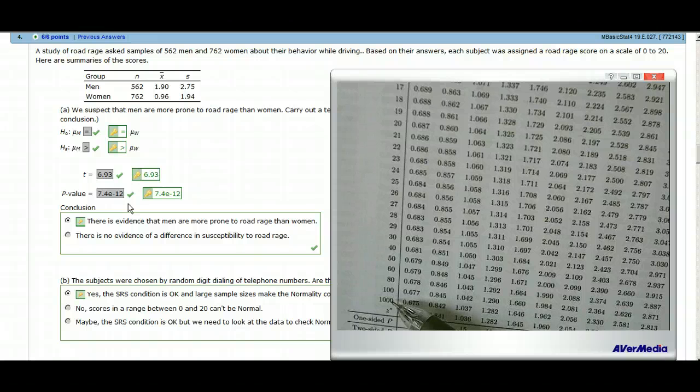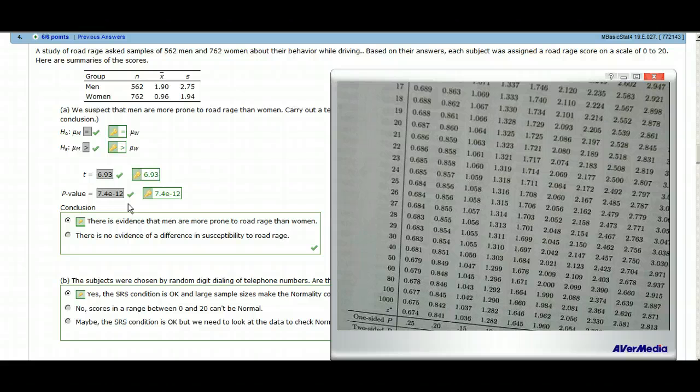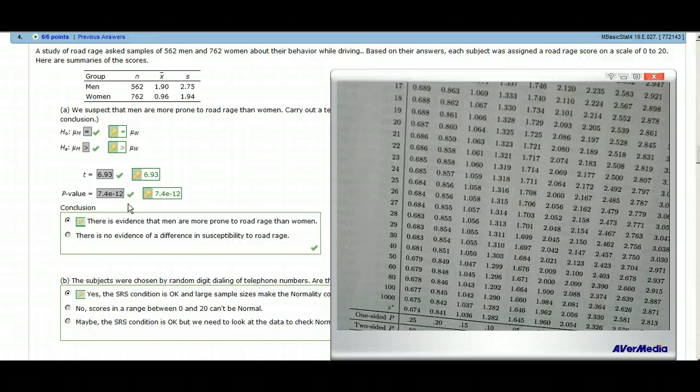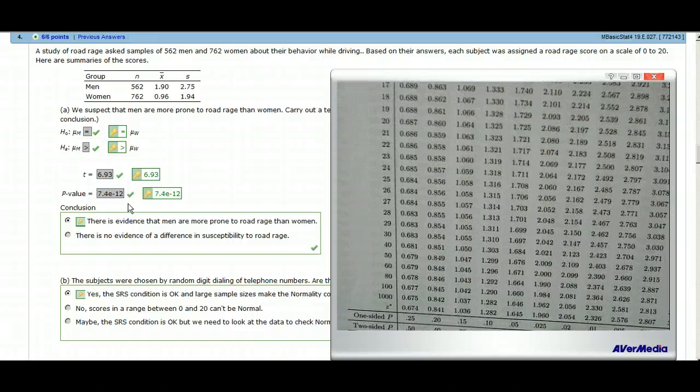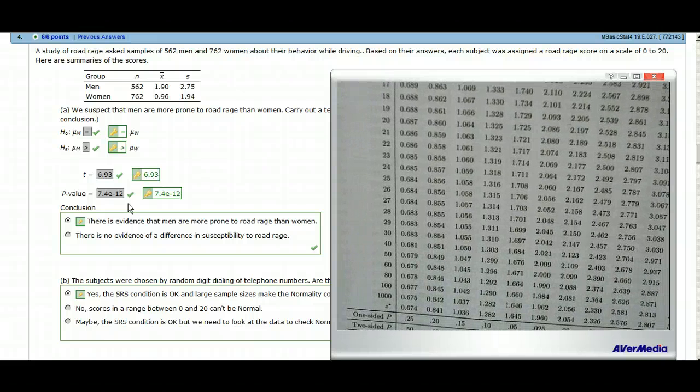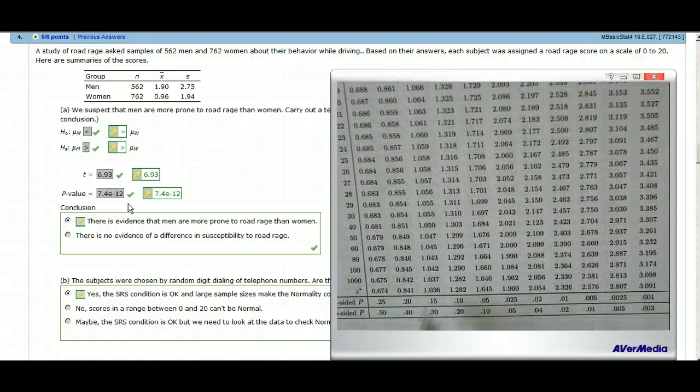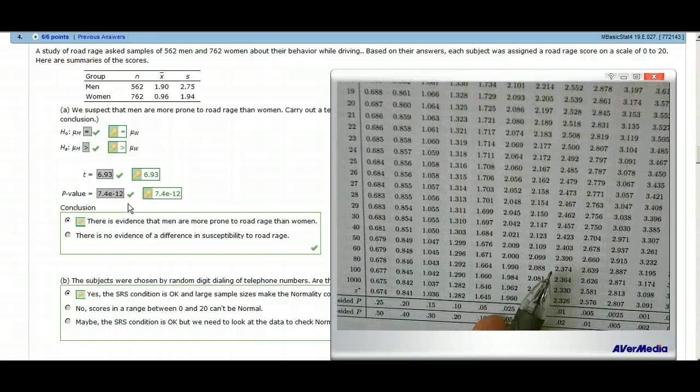And in the problem, I think it tells us to use the 100, use the one that is smaller than the degrees of freedom given. So in this particular problem, we're in row 100, and we need to look up 6.93.